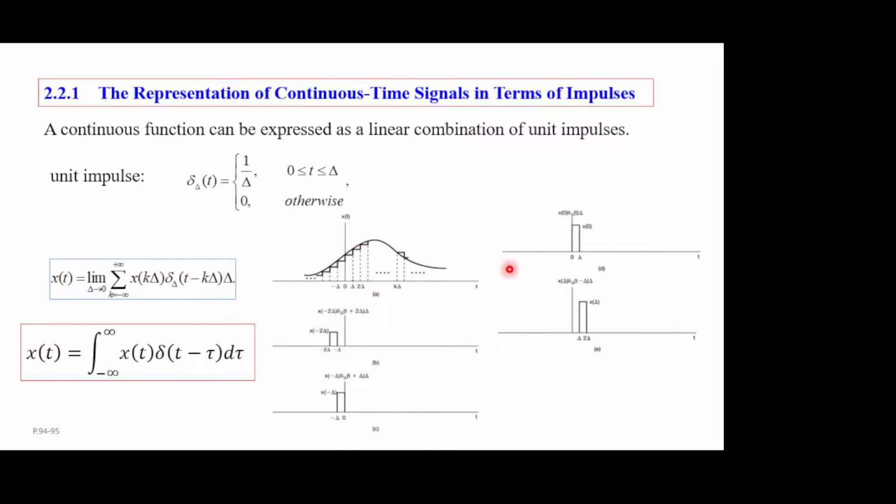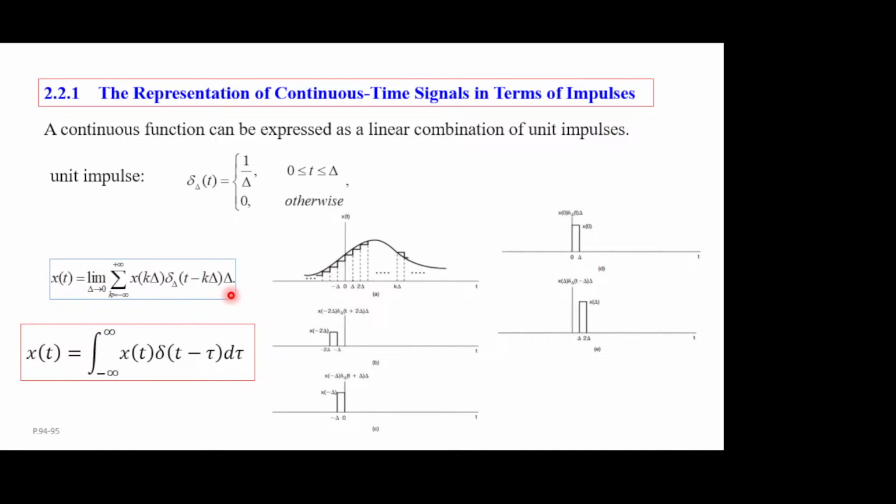Okay. And now let's see what happens to this whole thing if we take small delta to 0. We want to say the summation goes to an integral when delta goes to 0. And how does that make sense?